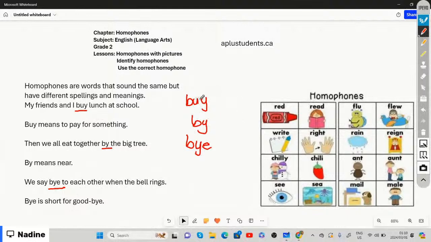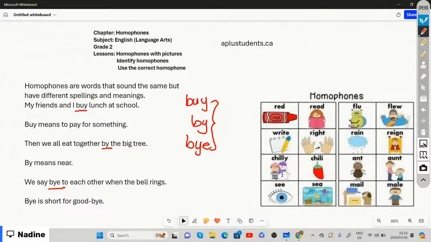And if we look at all three of these words, B-U-Y, B-Y, or B-Y-E, all three of these words sound the same. But if we look at the spellings, all three are different. And also, all three of the meanings are different. So those are homophones. Homophones are words that sound the same, like the word buy, but the spellings are different as well as the meanings.